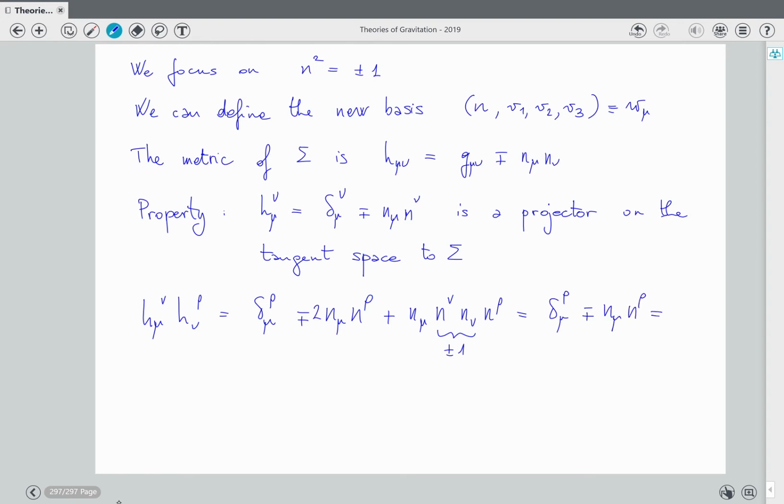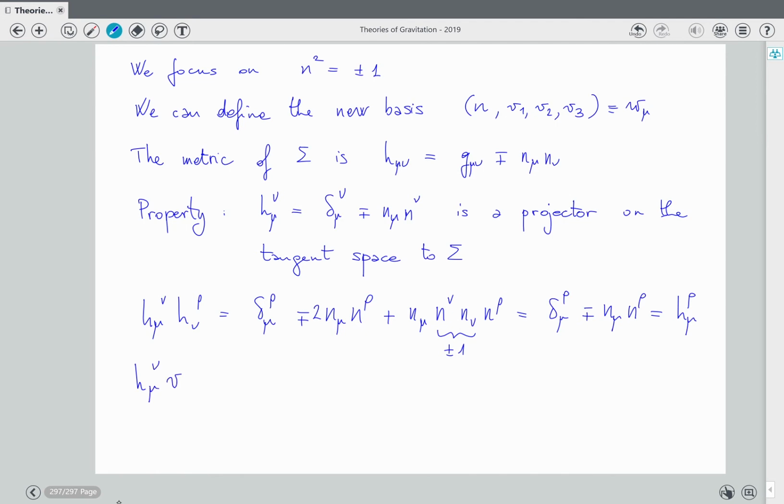And therefore you get h. Well, this square is equal to itself. We still have to show that it does its job of projecting.